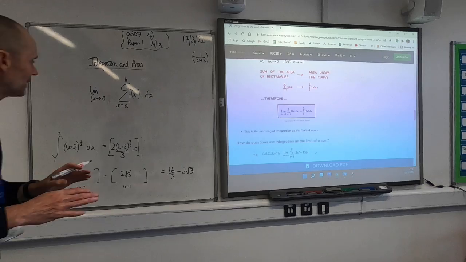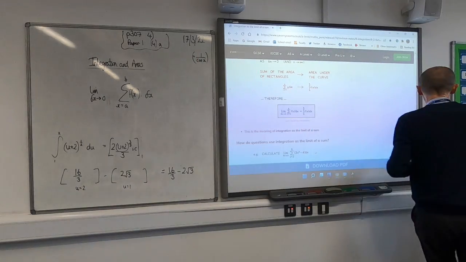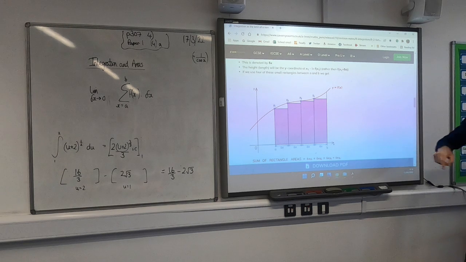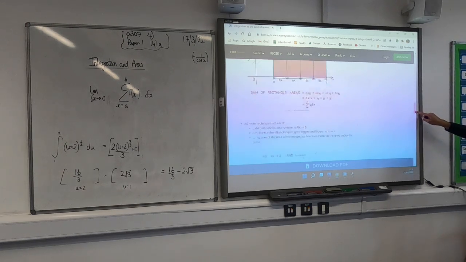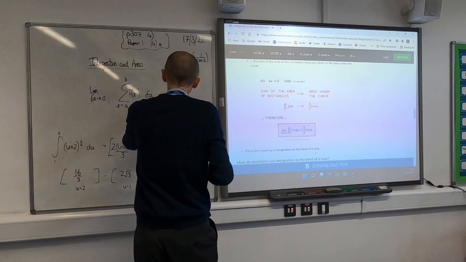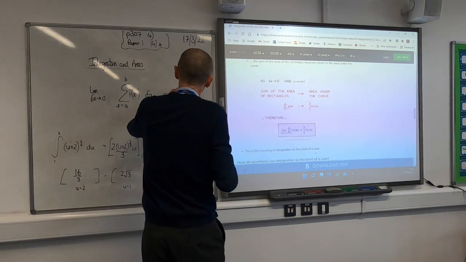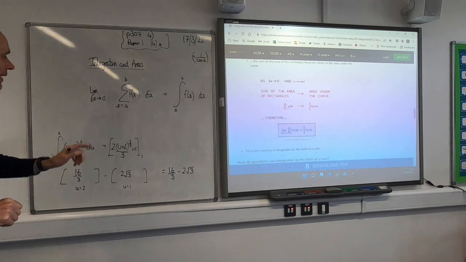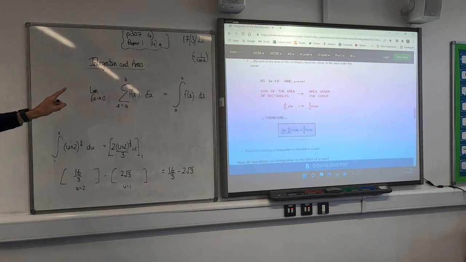So what we're saying in that notation is let's just use an infinite number of rectangles with a tiny, tiny, tiny, tiny width. And if we do that, what we'll get is the same answer as we get by integrating. This is what integration as a limit means.